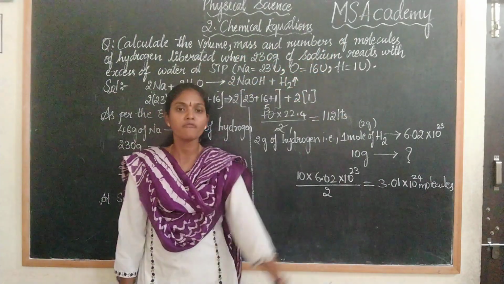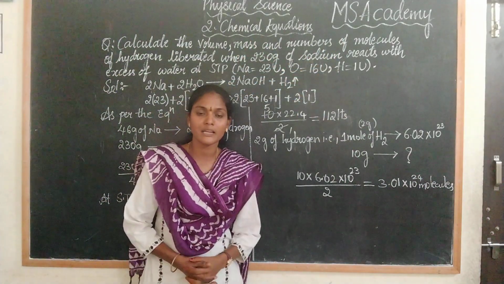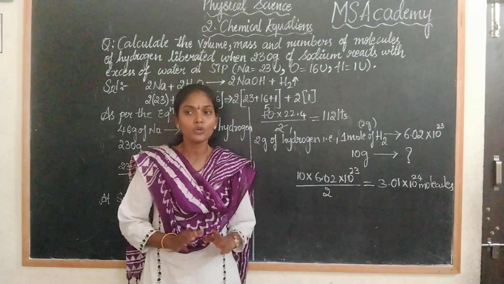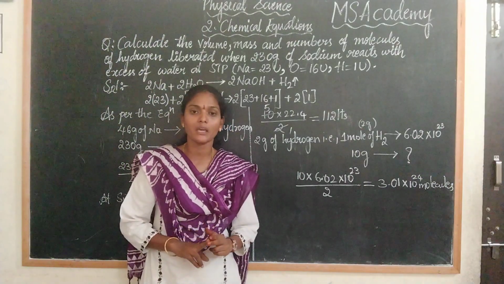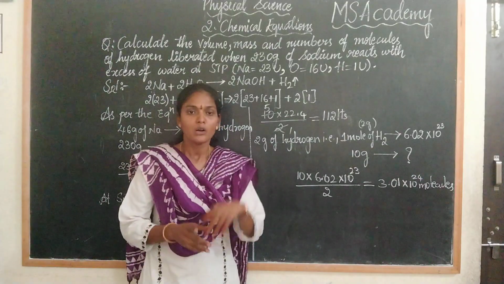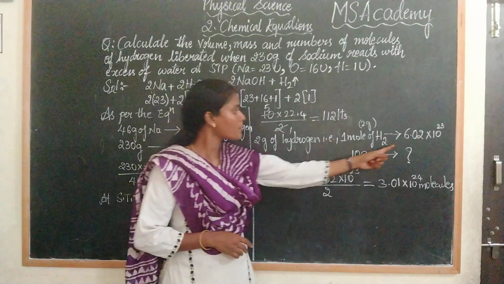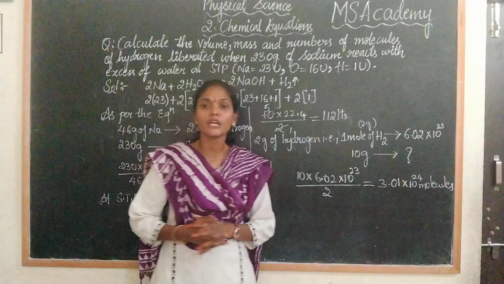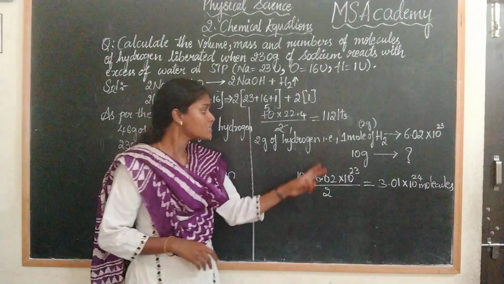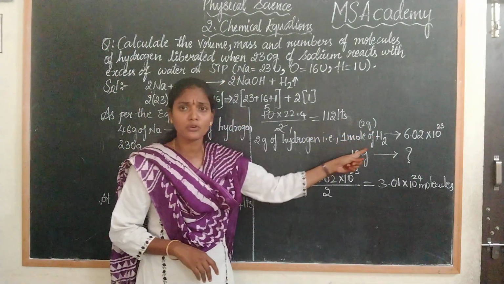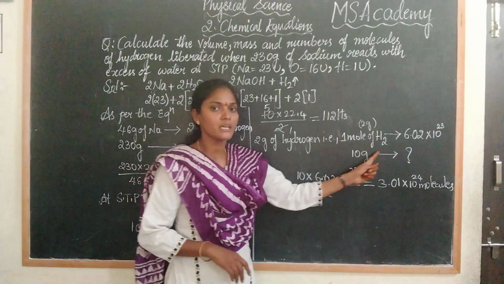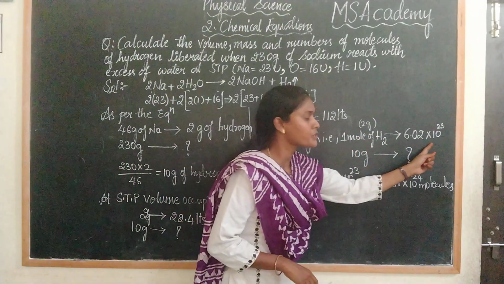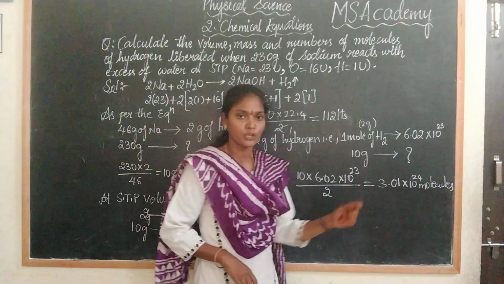Next, coming to the number of molecules. As we all know, 2 grams of hydrogen occupies 1 Avogadro number, which is 6.02 into 10 to the power of 23 molecules.